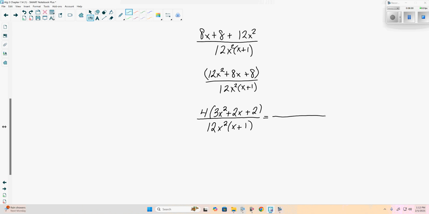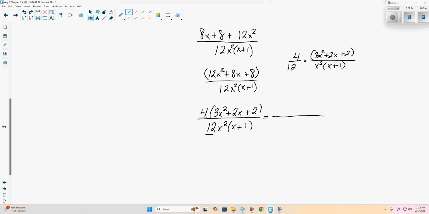We can simplify the 4 and the 12. Because really what we're saying is, or how I could write this is, 4/12 times our 3x squared plus 2x plus 2 over our x squared times x plus 1. Because that multiplication, we can split and combine those how we want.